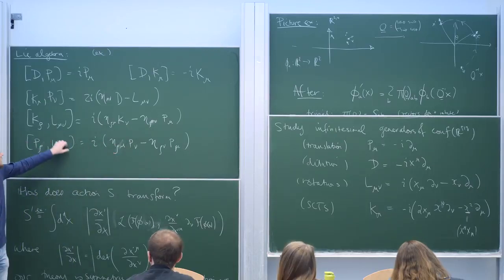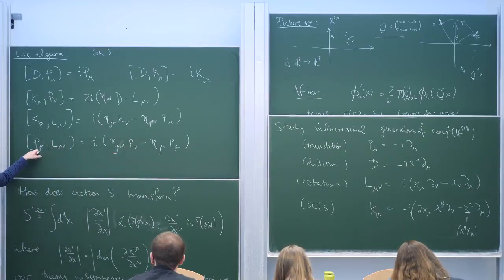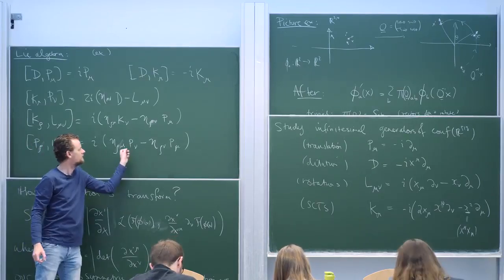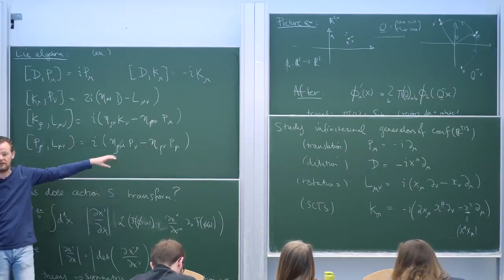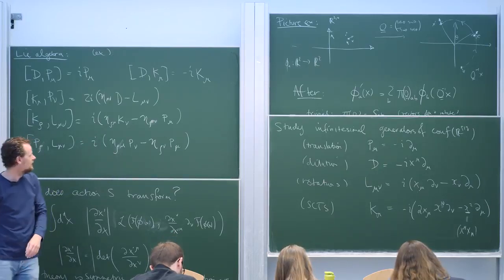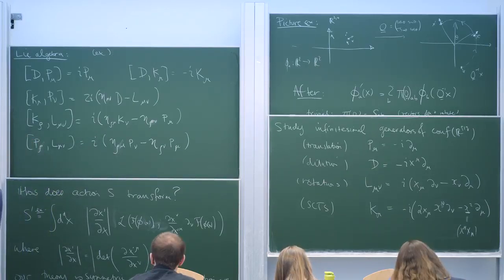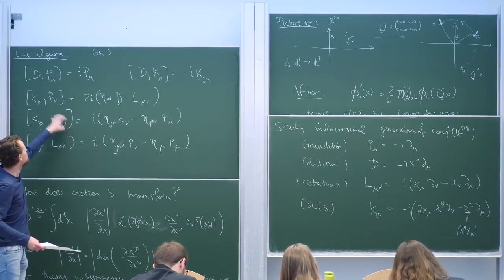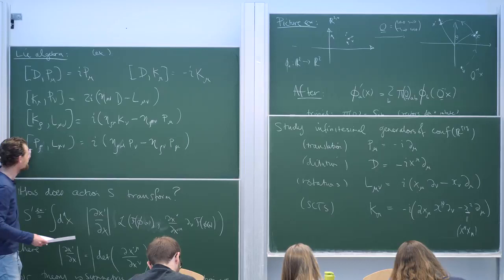This says what happens if I do a boost. What happens to the energy momentum 4-vector? Well, it gets rotated, right? That's what this is doing here. It rotates energy into momentum and things like this. So there's physical content to these that you can begin to see if you think about what each of these commutators represents.